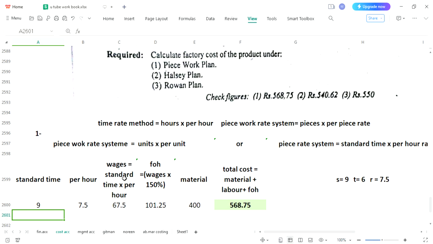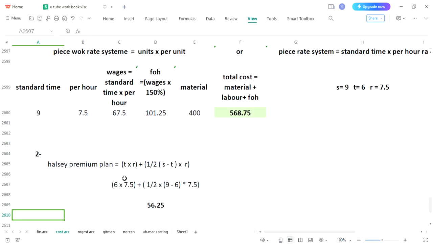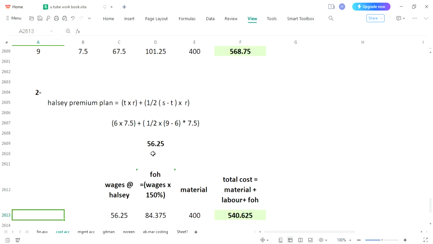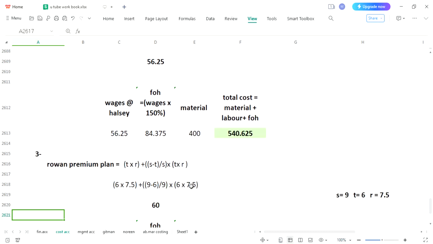In the second part of your question, nothing was special. You used the Halsey formula, and after putting the amounts in the formula, you got the answer. Nothing is special, and you followed the same procedure: wages, FH, and material, labor, FH. The third was again a usual question. You must have this formula in your mind, where remaining is lower than your standard.